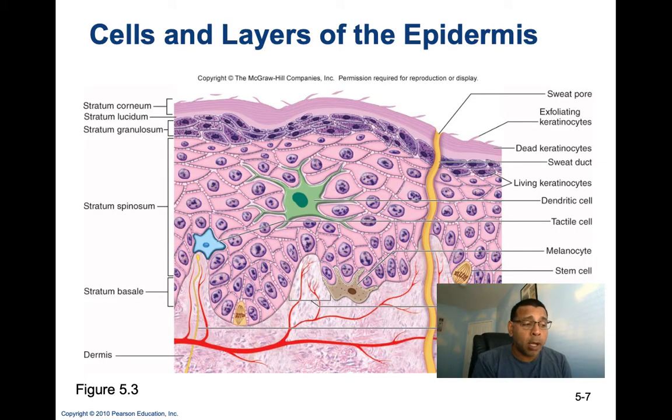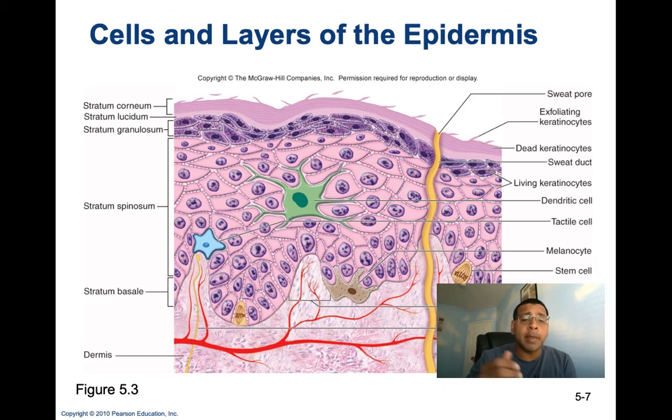The stratum basale is also known as the germinating layer. The stratum basale is attached to the dermis. So this layer right inside of here, it's attached to the dermis. And the stratum basale is basically just a single row of stem cells.